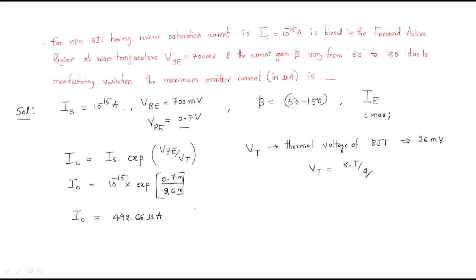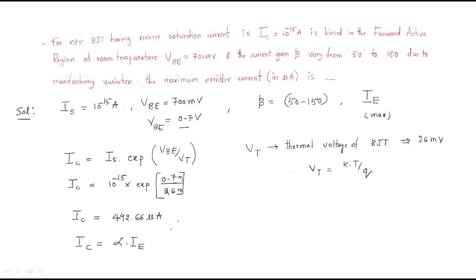But what is he asking to find out? Emitter current. So what is the formula for emitter current? The relation between emitter current and collector current: we know that the collector current equals alpha into emitter current.